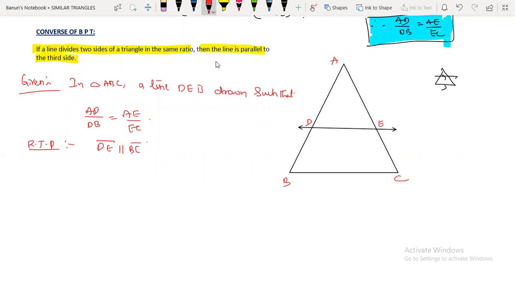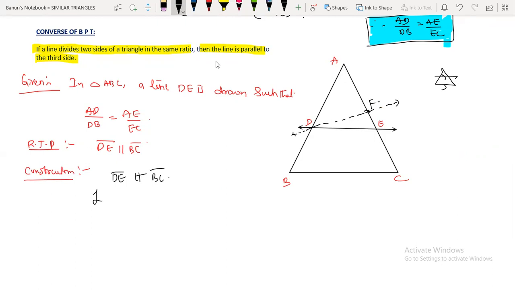So let's see if we need any extra construction here. We will go with the contradiction method. That means let's think DE is not parallel to BC. If DE is not parallel to BC, let's take that there must be some other line DF parallel to BC.